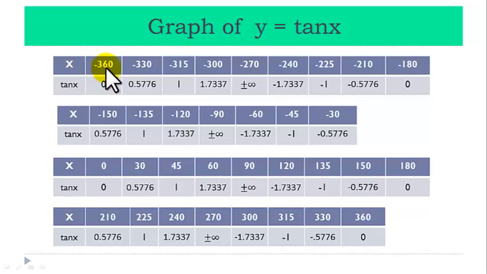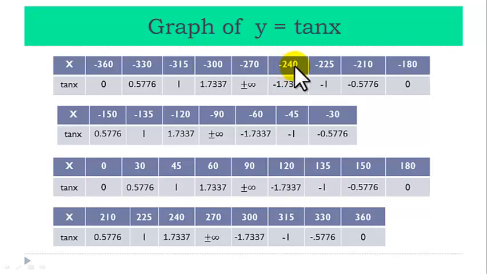At x equals minus 360, tan x is 0. Minus 330, tan x is 0.5776. Minus 315, tan x is 1. Minus 300, tan x is 1.7337. Minus 270, tan x is plus or minus infinity.